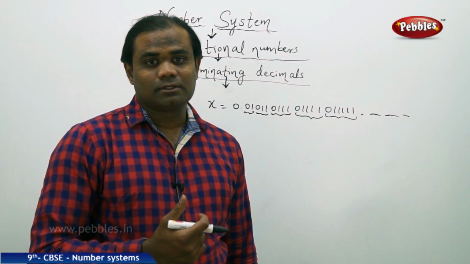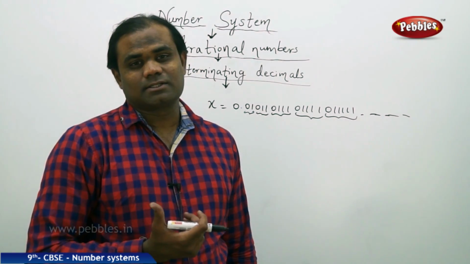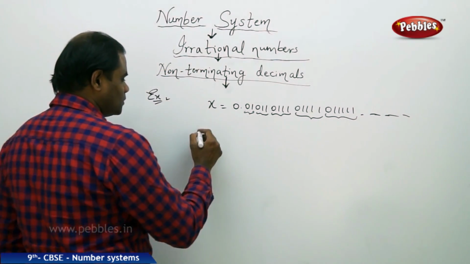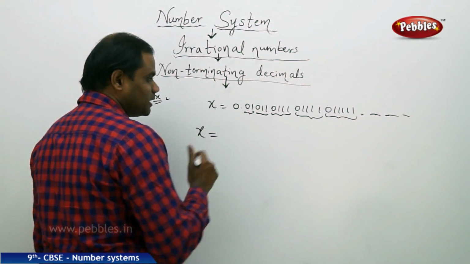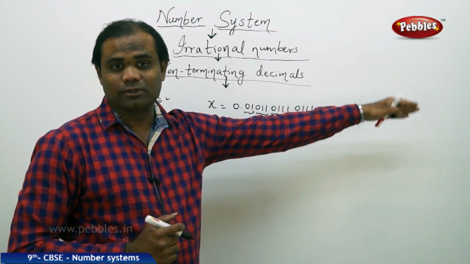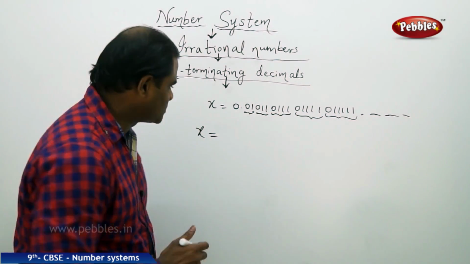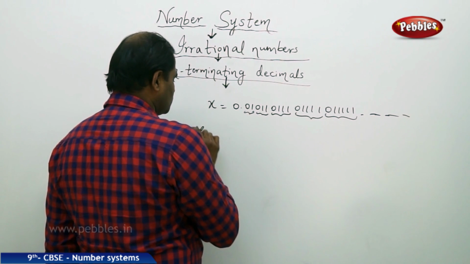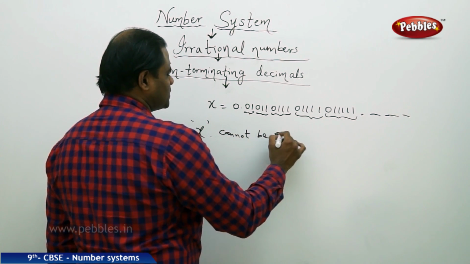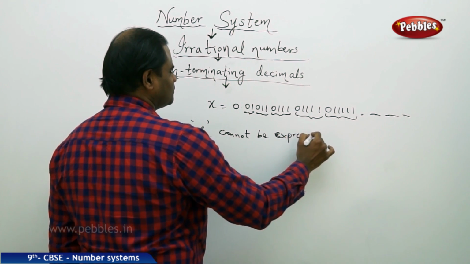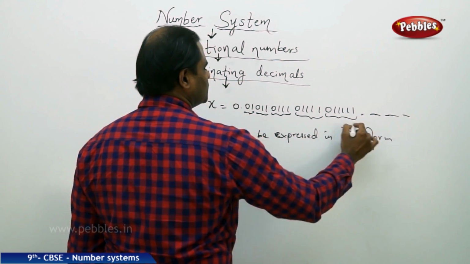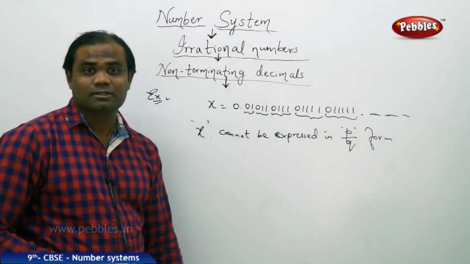To start with, the rational number, with the two tests as we have already discussed in the session. Now, for the test, this should be expressed in the form p by q, but because it never ends on the right, this cannot be expressed in the form p by q. X cannot be expressed in p by q form as the decimals never end.